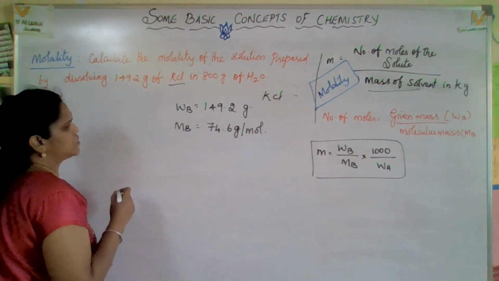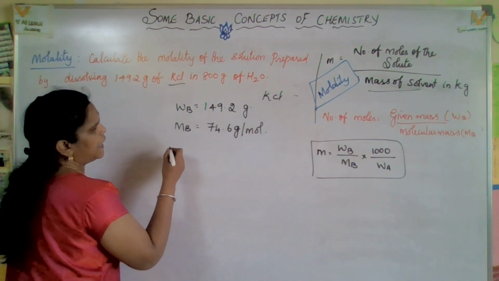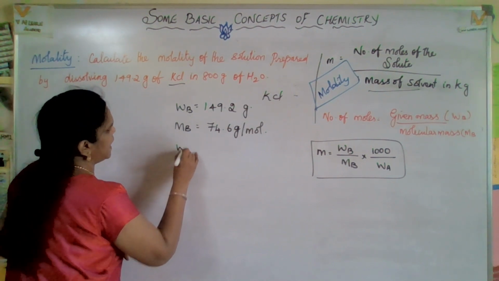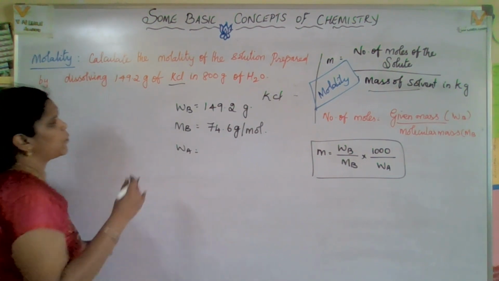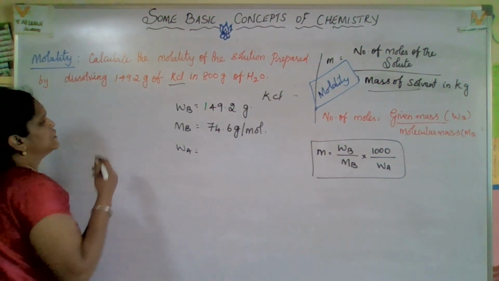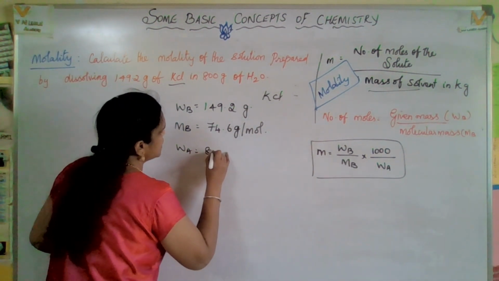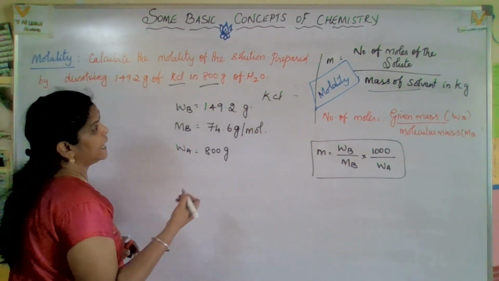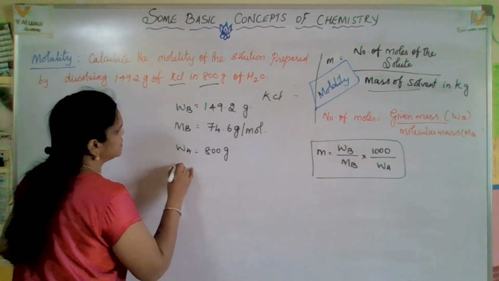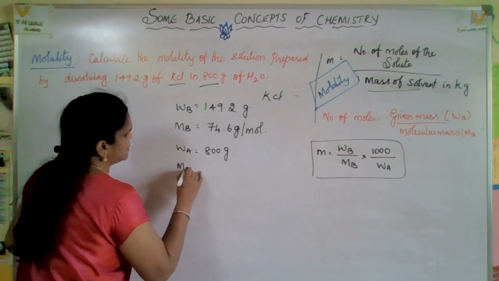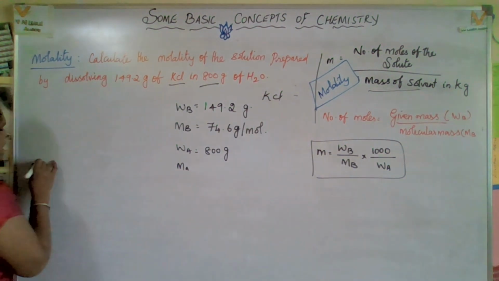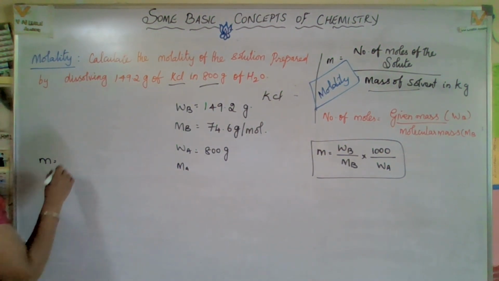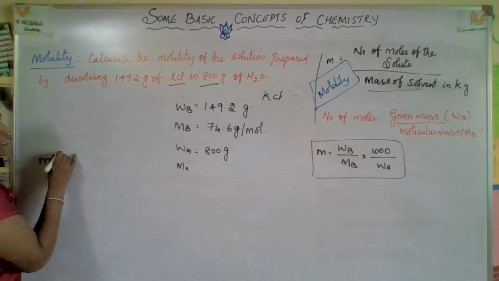Right, now next one, and here WA, what they have provided, mass of the solvent. So mass of the solvent is 800 gram, what they have provided, in kg. Small m equal to, here given mass, what it is?